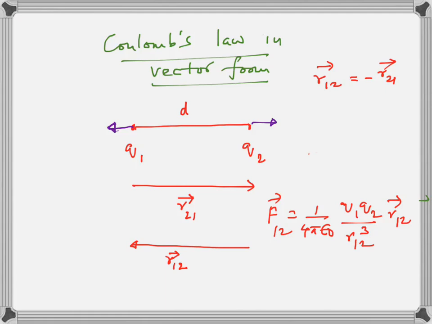Actually it should have been q1 q2 by r12 square, but in the numerator and denominator I multiply by another r12 and write the numerator as a vector.